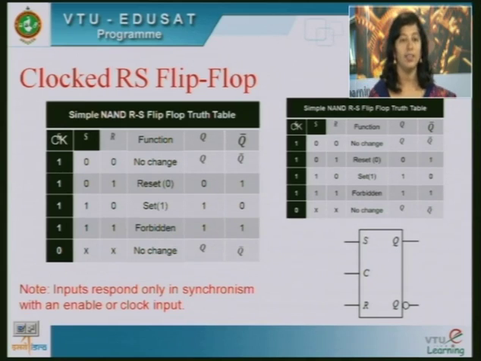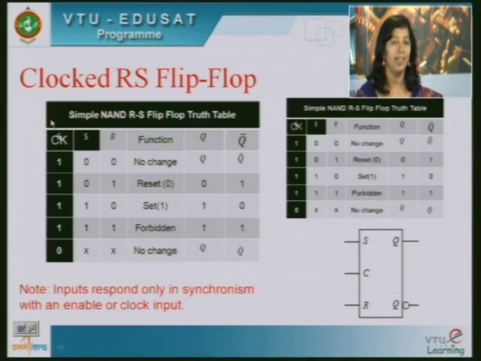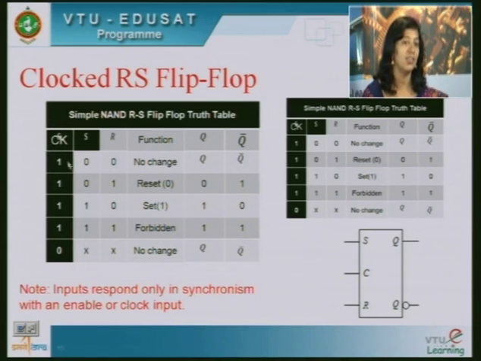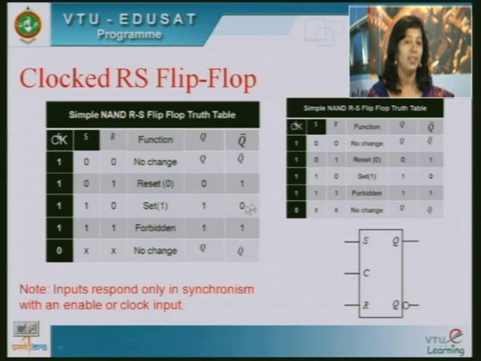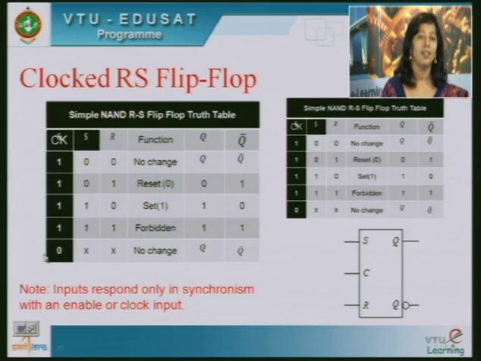The clock signal is shown, this CK, and only when the clock is high, the truth table will be the same as in the previous cases. So, S R 00 is the no change state, 01 is the reset state, 10 is the set state, and 11 is the forbidden state. We got the same response as in the previous case when clock is high or enabled.